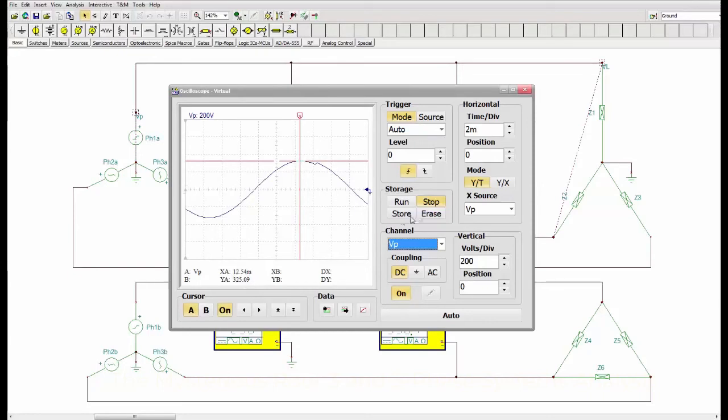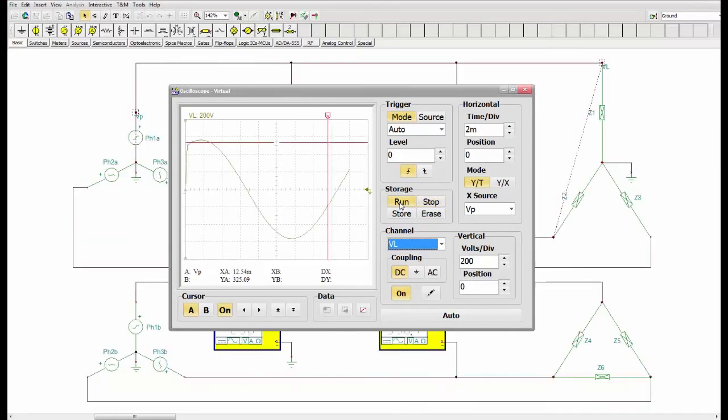Okay, let me just erase that trace, move along to turn off the phase voltage and turn on the line voltage, which we are. Hit run, and what we can see here on the line voltage is that it looks a bit bigger than what we had for the phase voltage.